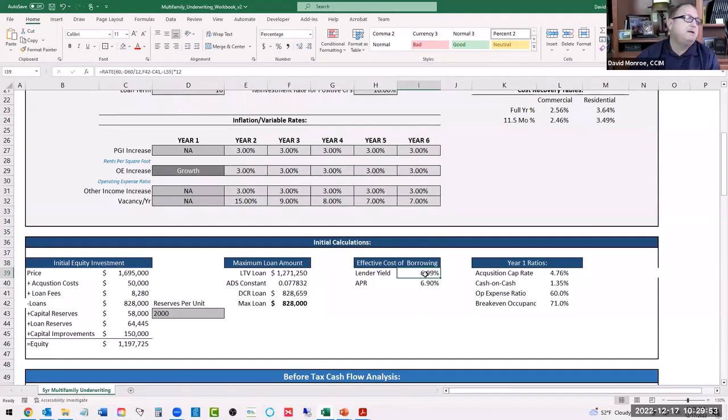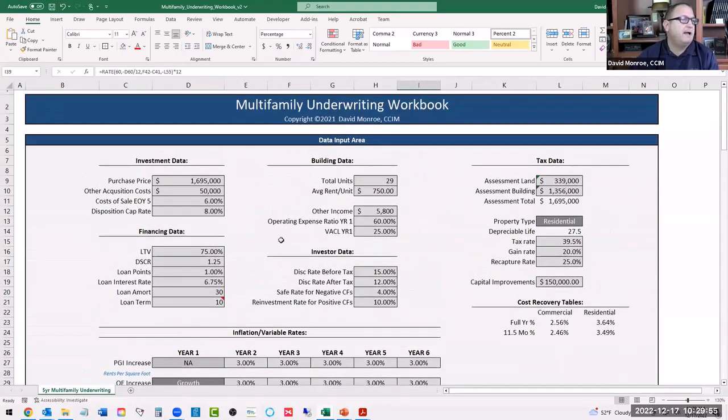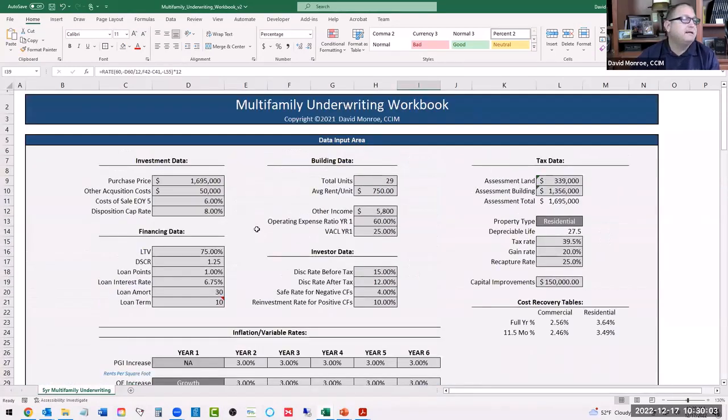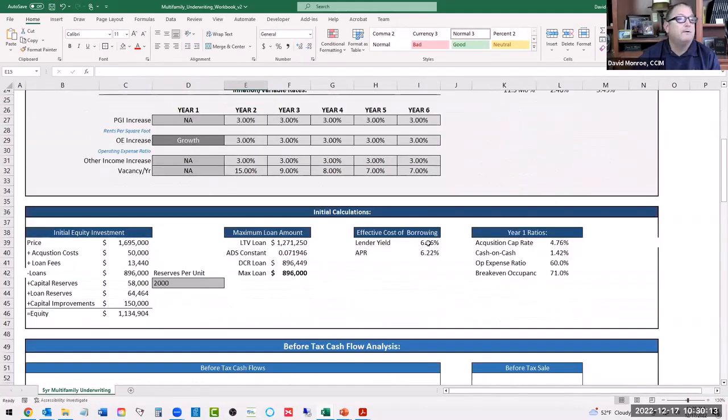So if you come up here, you can say, well, if the lender wants a 7.5% yield, and they've told you that because you can ask them, then I can come up here and say, all right, if I lower my interest rate to 6% and I increase my loan points to 1.5, will that get me where I'm trying to go? Actually, it went down.